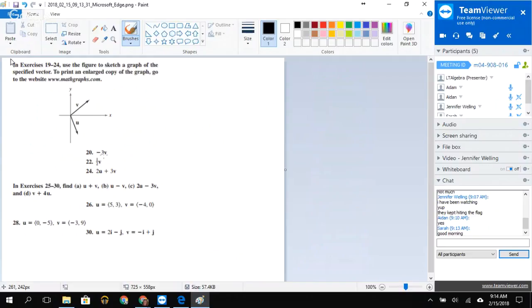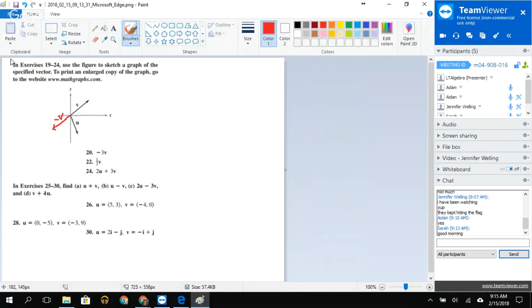So number 20, they want us to figure out what negative 3v would look like. Let's break this down. We have vector v right here, and a negative vector is going to go in the opposite direction, like this. So this would just be negative v.